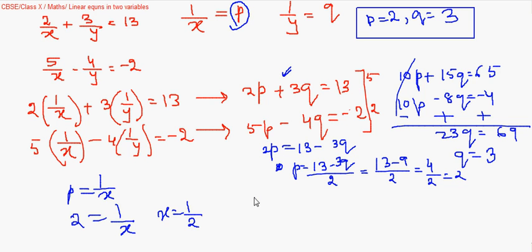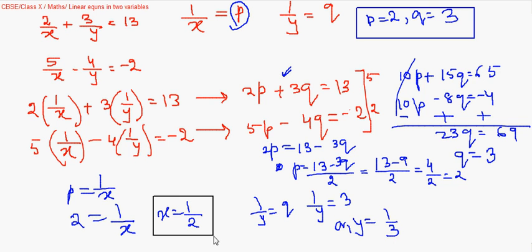Similarly, 1 by y was assumed to be q, which is 3. So we get y as 1 upon 3. This is the solution to the question, where you were supposed to find the values of x and y.